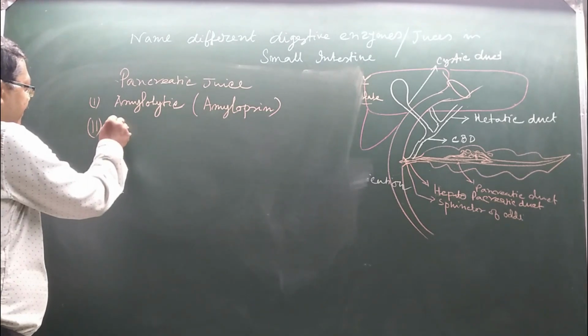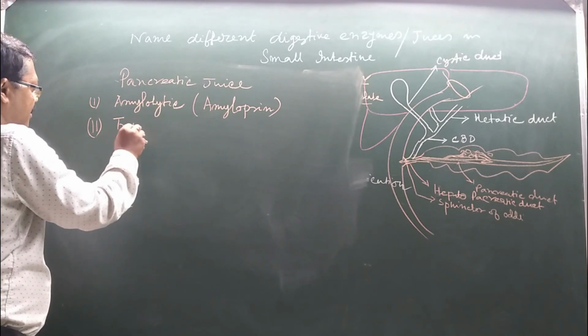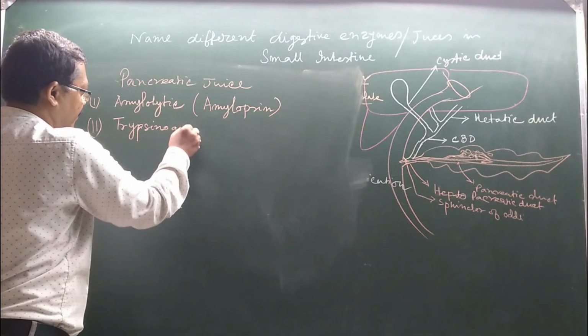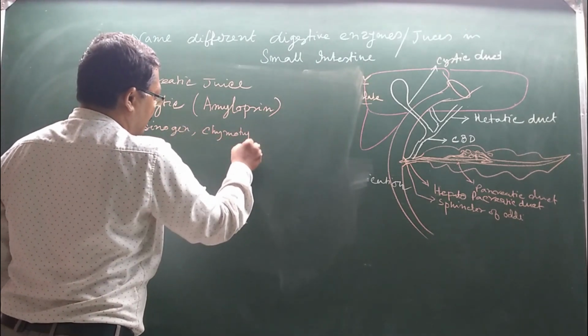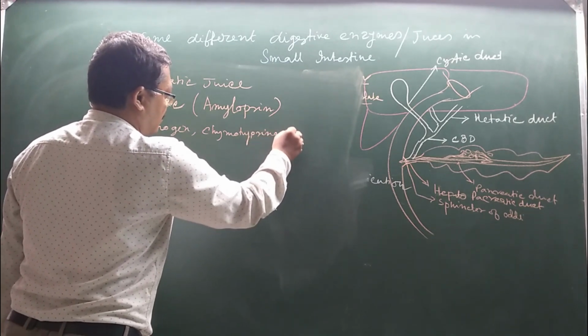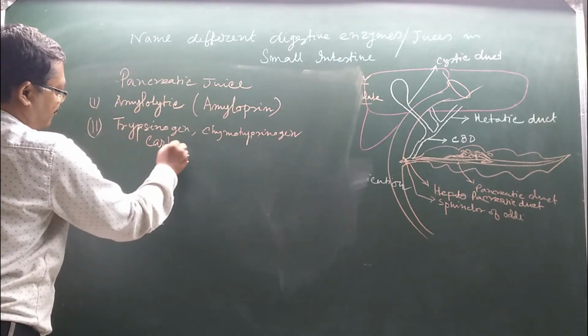Second is trypsin, trypsinogen, chymotrypsinogen, carboxypeptidase.